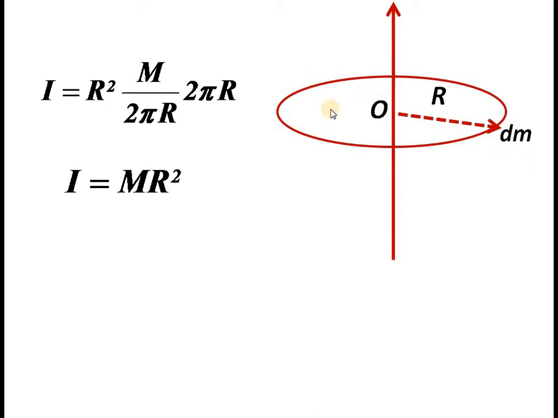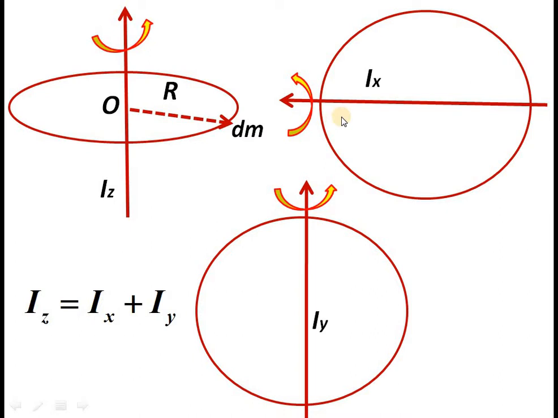Then the moment of inertia will be different. This is the case we studied, and let us imagine that the moment of inertia with respect to this vertical axis, the z axis, is Iz. That is what we calculated, and that was equal to m R squared.